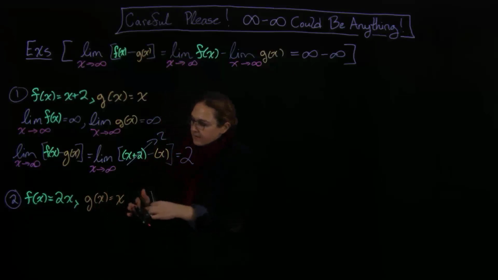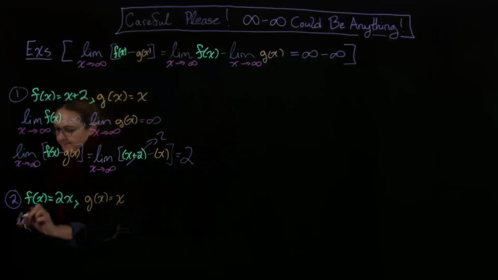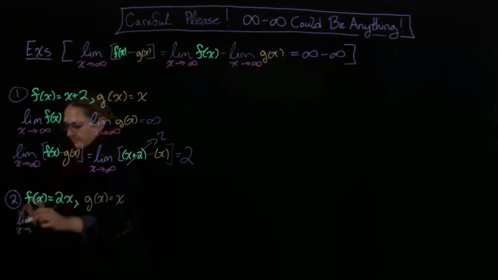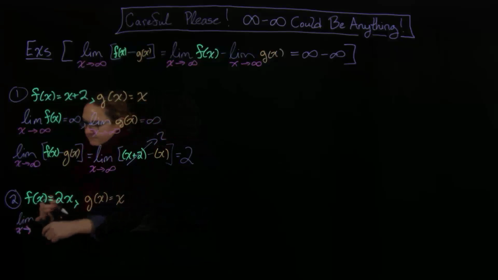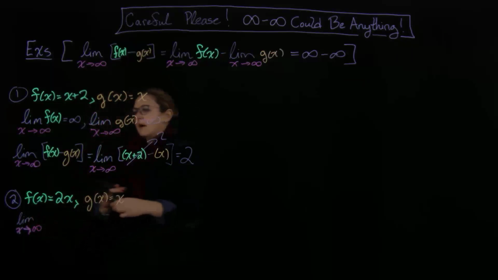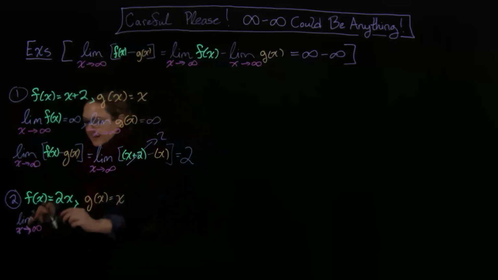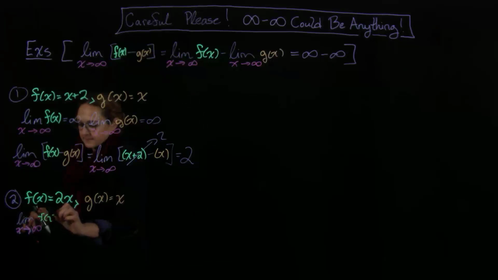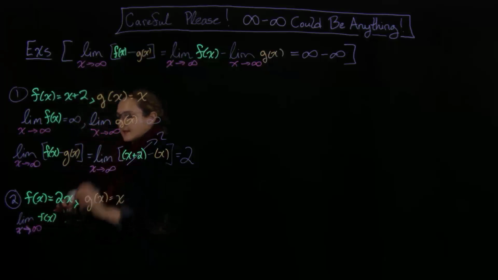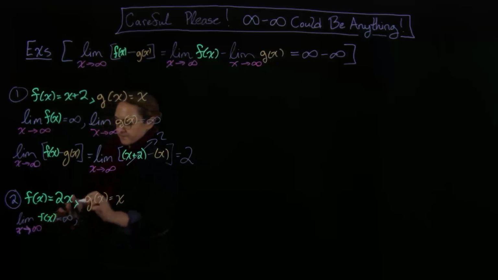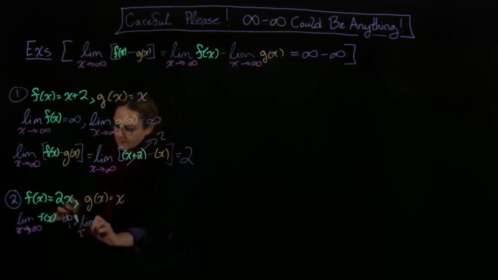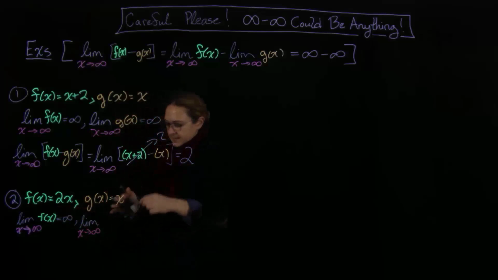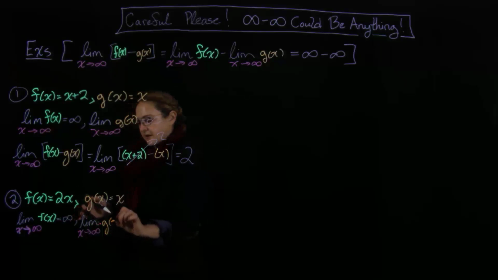Now when I take the limit as x goes to infinity, for each of these, I get infinity. So also when I take the limit of g of x, both of these limits are infinite. So this would indeed be one of these circumstances where it looks like I'm subtracting infinity.